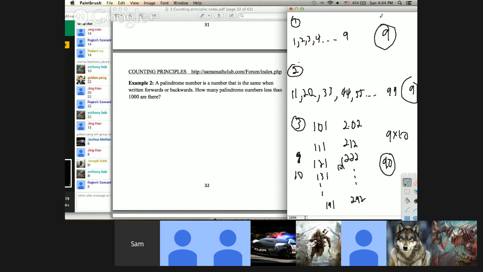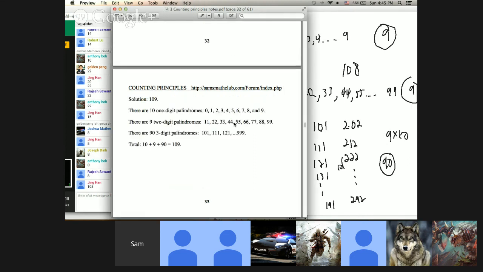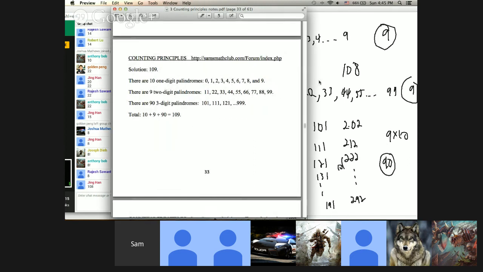So then we can answer the question: how many total palindromes are there? 108. But actually, I made kind of a mistake, or not really a mistake. It's different from the solution. The solution has 109.